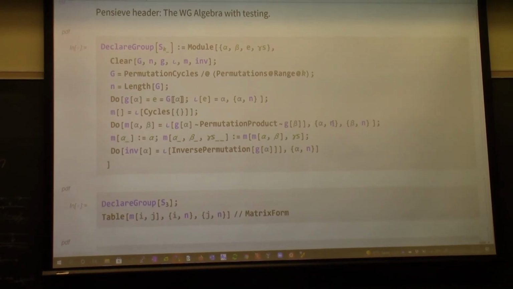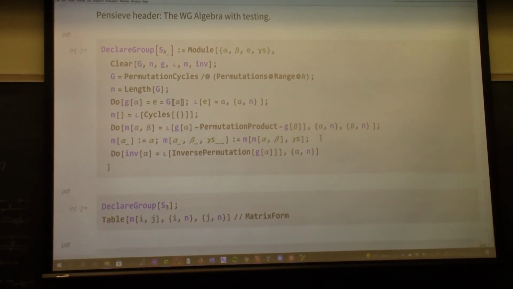Very quickly, I define a command called declare group, and most of what it does is to compute the multiplication table of that group, but also the inversion table, basically the thing you need.